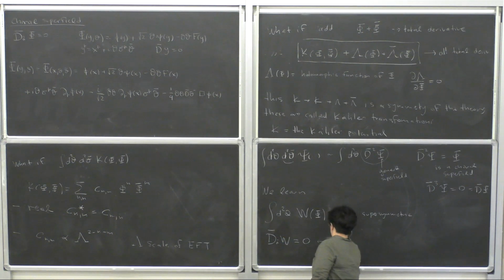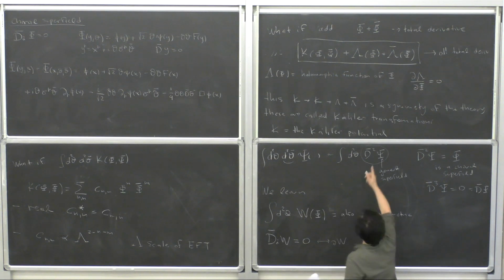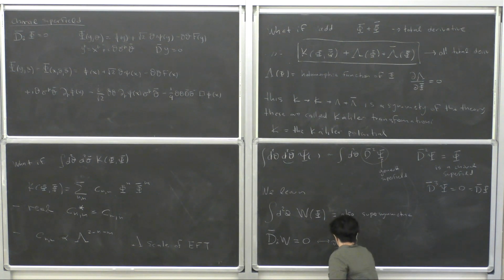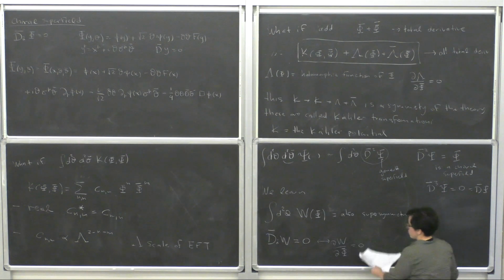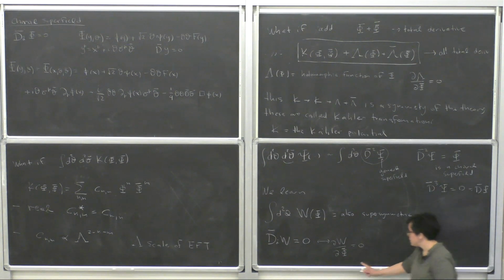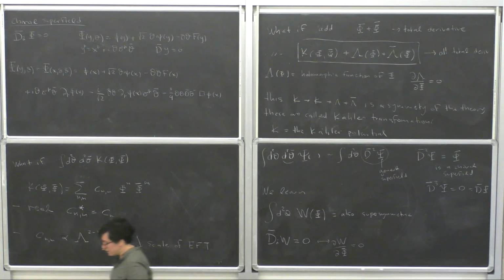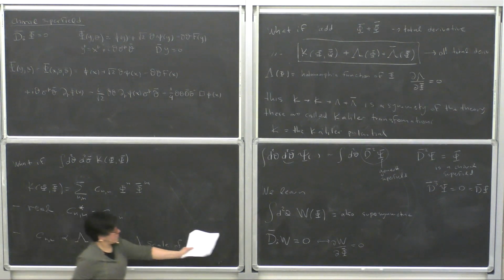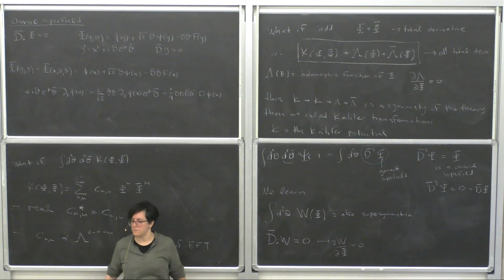And alternatively, you can say that W is holomorphic, like what I said there. It doesn't have phi bars in it. Yes? So if W is holomorphic and only it has phi's in it, it's chiral. And if I integrate it over half of the superspace, this is supersymmetric.